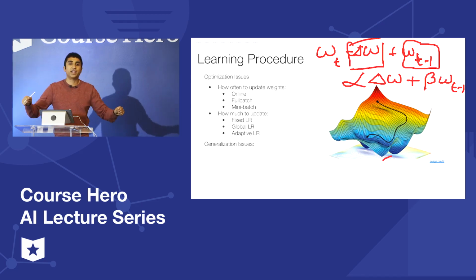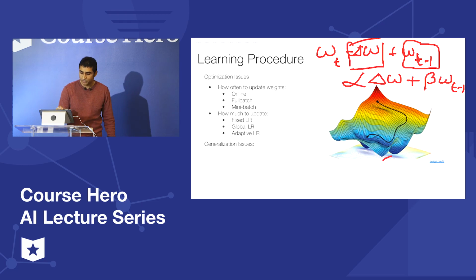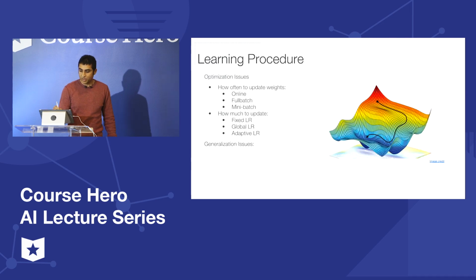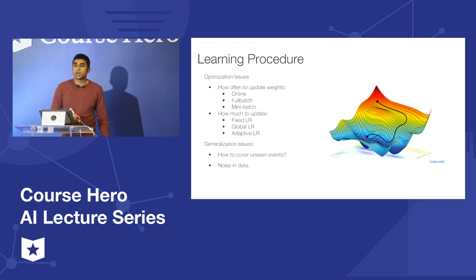I don't want to learn the entire gradient. I don't want to compute the entire weight based on the previous one. That concept is something that we will learn in the next slide. But that's going to help us in terms of generalizing your network better. That means it doesn't have to fit correctly.